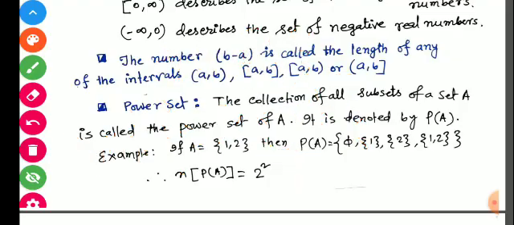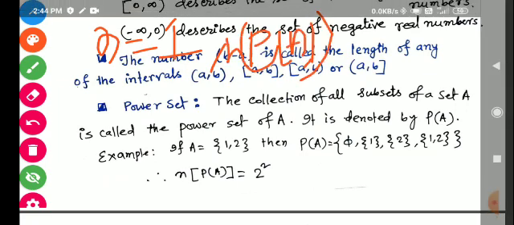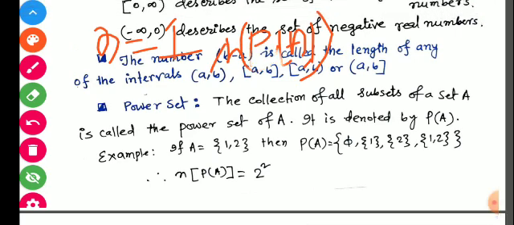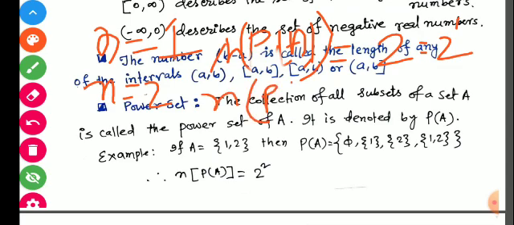So if our element is 1, then n of P of A, that means the order of the power set, will be 2, which can be written as 2 to the power 1. If n equal to 2, the power set will have 4 elements. Here we have taken A equal to {1, 2}.